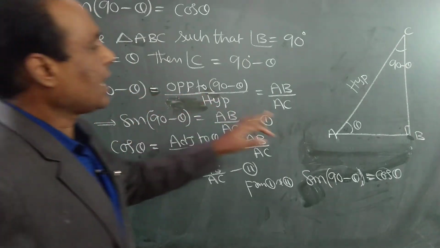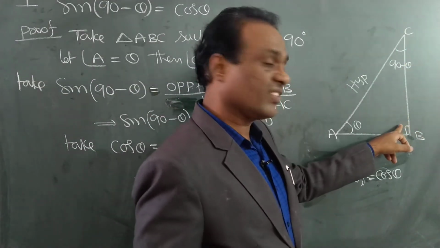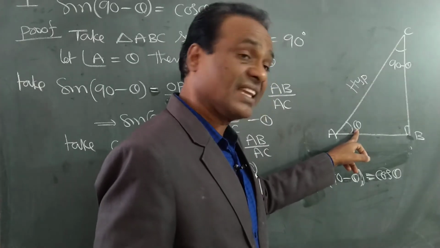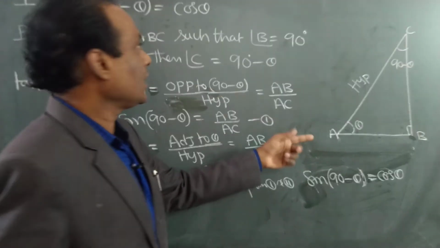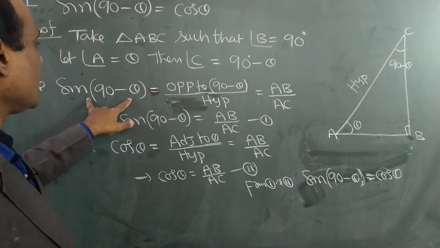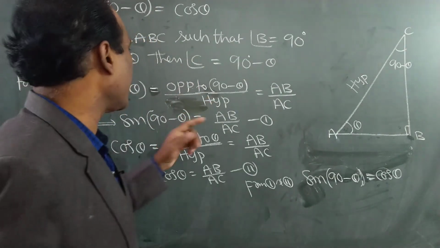How did I prove it? I took a triangle ABC, this is 90 degrees and I am taking this angle as theta. If this is theta, this becomes 90 minus theta. Now I am taking sine 90 minus theta. Sine definition is opposite by hypotenuse.